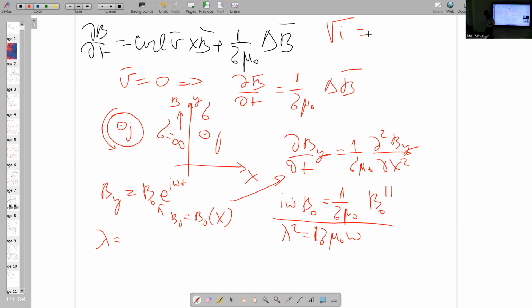Arthur, do you remember what is the square root of i? Don't remember exactly, but my guess at the moment would be 1 over square root of 2 times 1 plus i or something.